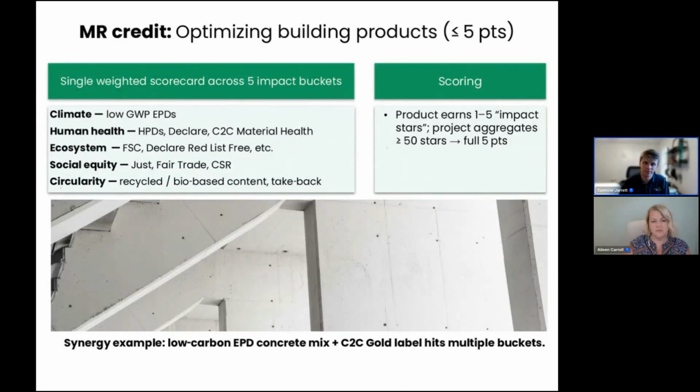So if you are doing a core and shell certification and you want to get those 8 points, if you do the EPD analysis, just keep in mind that at least 20 product-specific EPDs must be documented in that analysis, and you need to explain or provide a narrative demonstrating how that data from the EPDs informed your decision making.